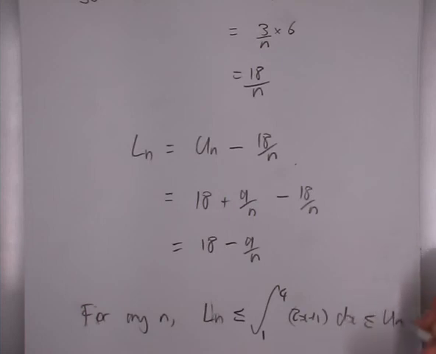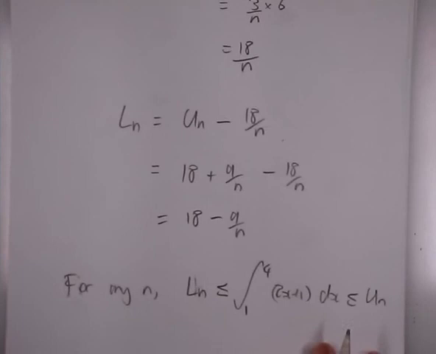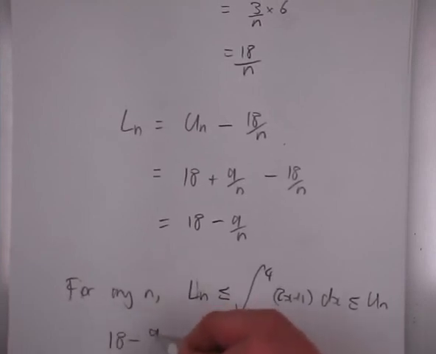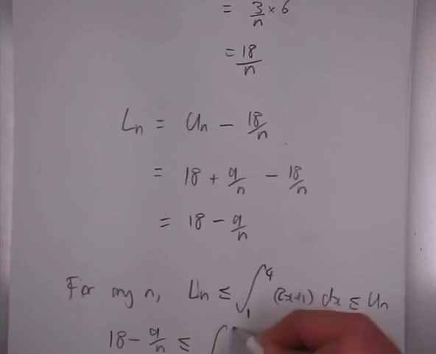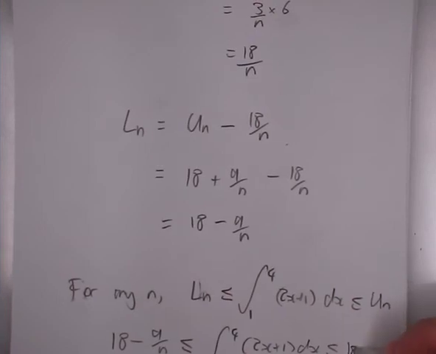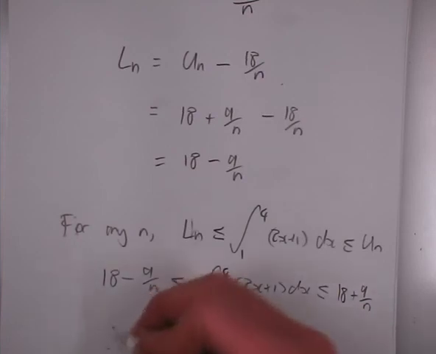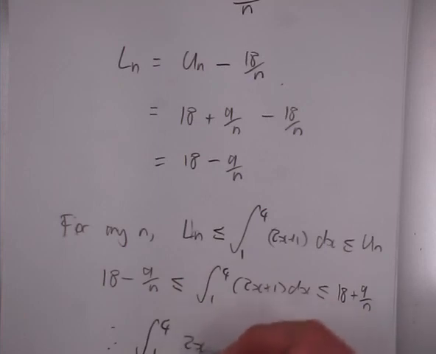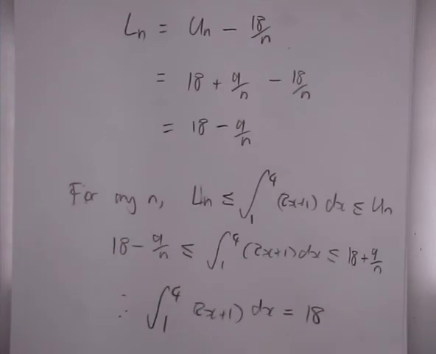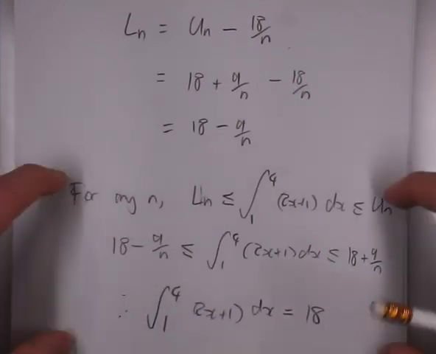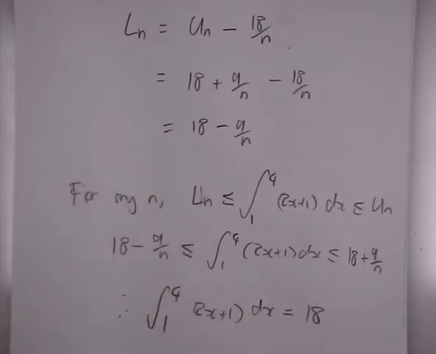And that's less than or equal to the upper sum. I've just put the formulas in, and the only number that is between those two values for every possible n is 18. So if you are asked to find the integral with upper and lower sums, you must put this final step in, because that's how you use the upper and lower sum to find it.